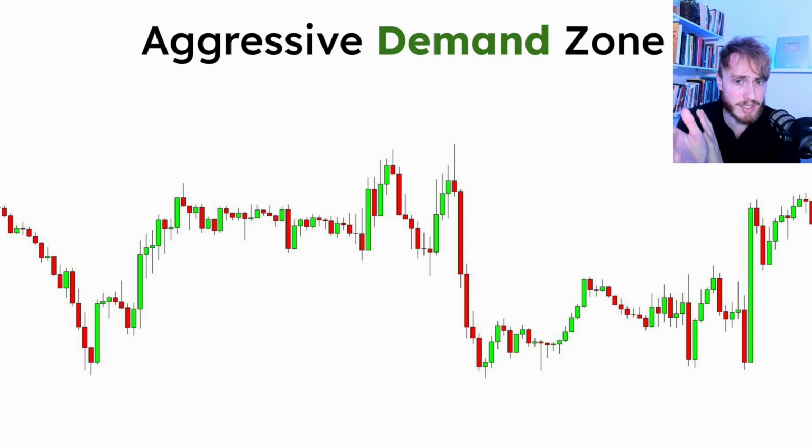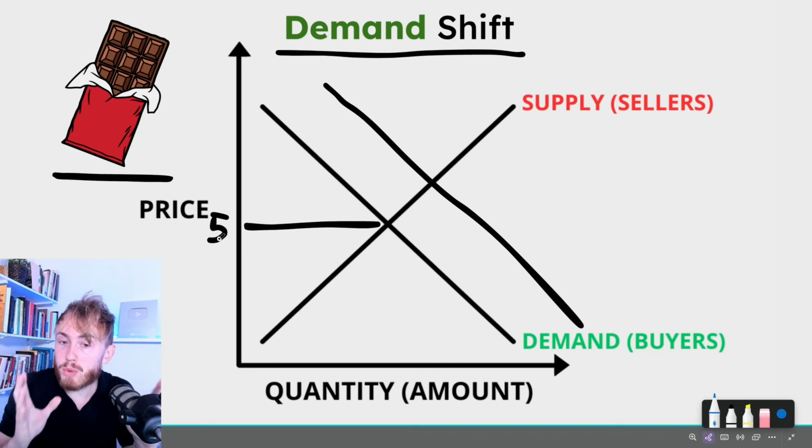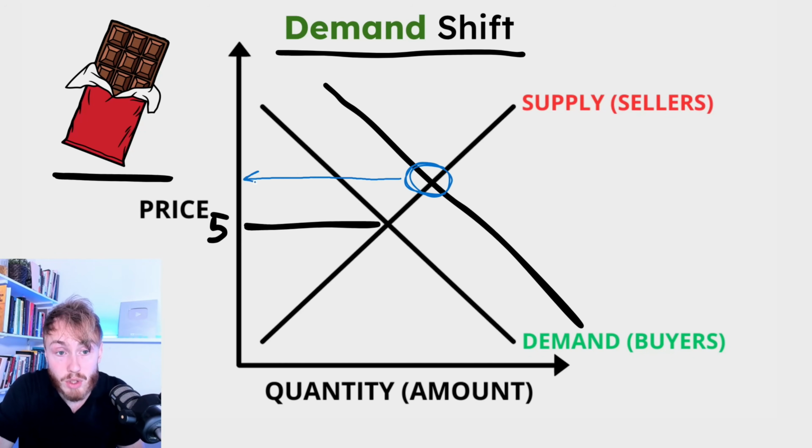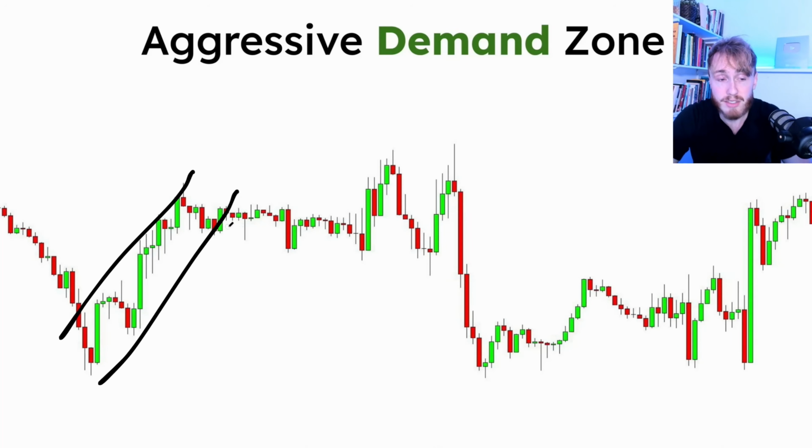And to really understand this, think about the law of supply and demand we talked about earlier, and also the supply and demand shift. In order to see these very strong price movements to the upside, there is no way to have these strong moves without seeing lots more demand compared to supply. So something in the market happened right here that led to the demand shift.